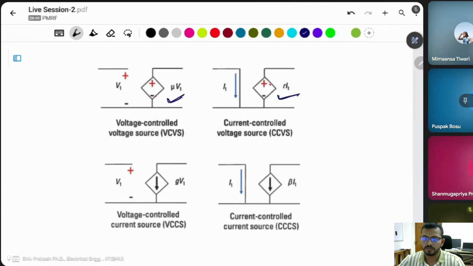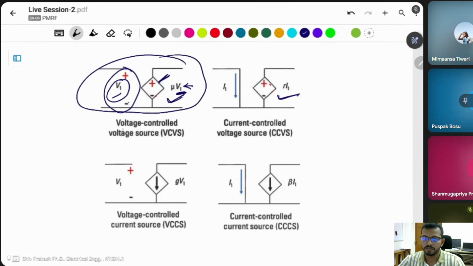But how are they controlled? This one is controlled by the voltage V1, mu into V1. It means this voltage source is controlled by V1, the voltage at this terminal. That's why this structure is known as the voltage controlled voltage source.